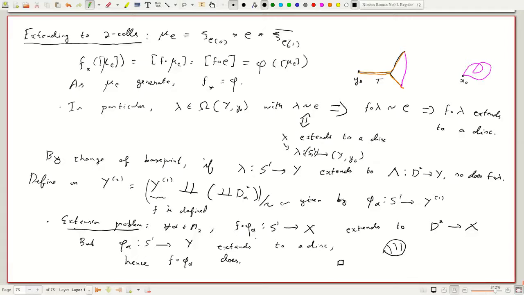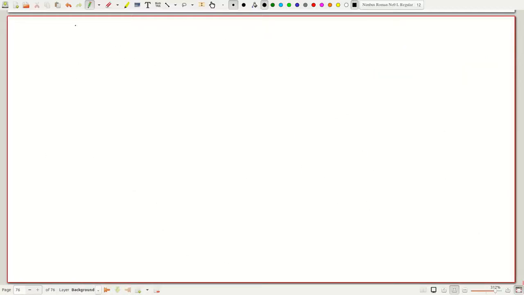We'll also extend to higher skeleta. That is easy, and we will use more or less the same way. Okay, so what we do is we extend inductively to Xn for n greater than or equal to 3, and if needed, take direct limit.